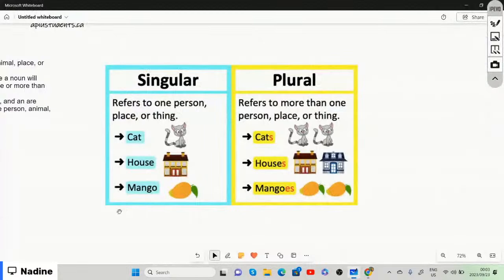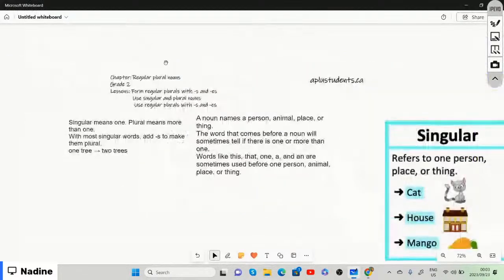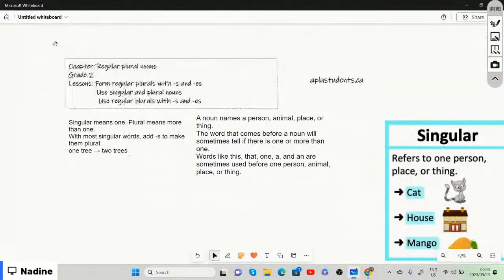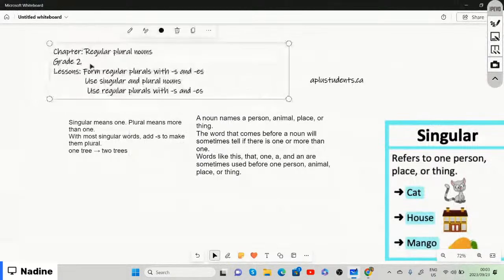So once we are within the chapter of regular plural nouns, grade 2, the lessons that we will be focusing on today are to form regular plurals with S and ES, to use irregular plurals, or to use singular and plural nouns, and to use regular plurals with S and ES. So that is going to be our focus lessons for today.